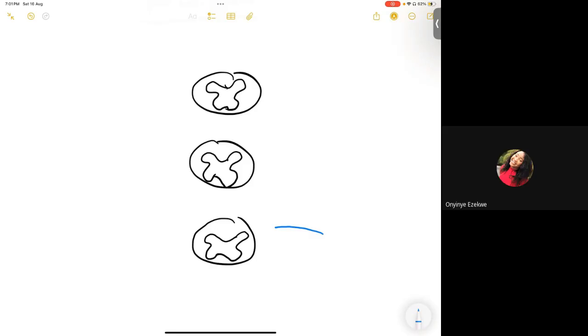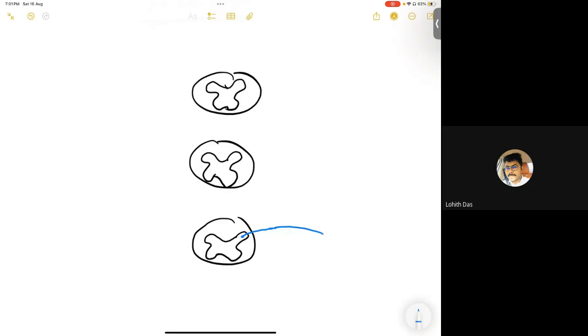Posterior horn, because the anterior horn has the neuron cell bodies which are motor in nature, which we'll be discussing in our descending tracts. As these nerves enter the posterior horn, they directly synapse on the second order neuron.